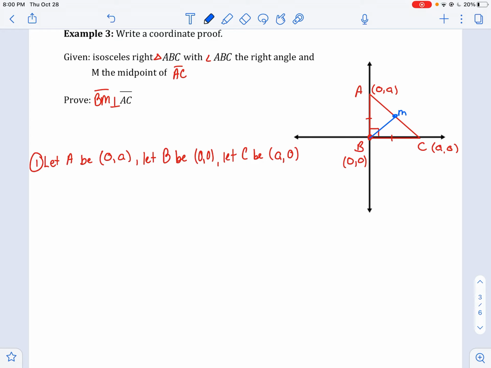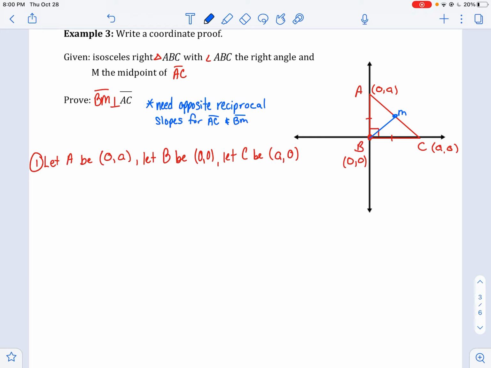To be perpendicular, especially on a coordinate plane, that means that I need opposite reciprocal slopes for AC and BM. I need to show that those slopes are opposite reciprocals.